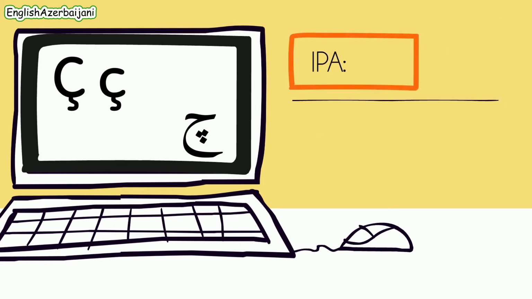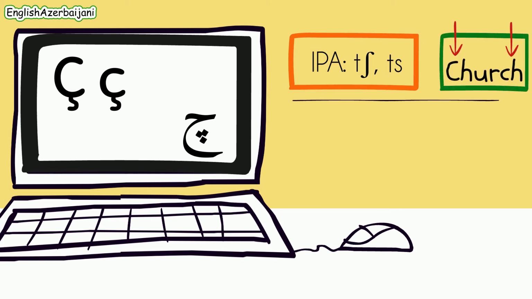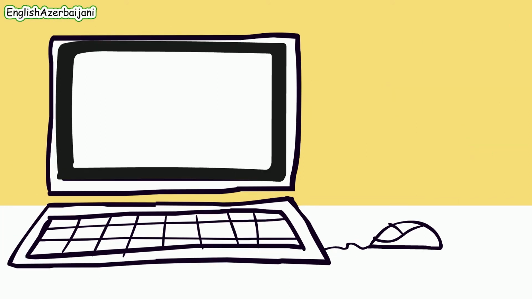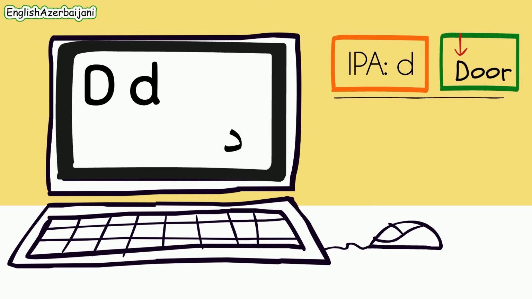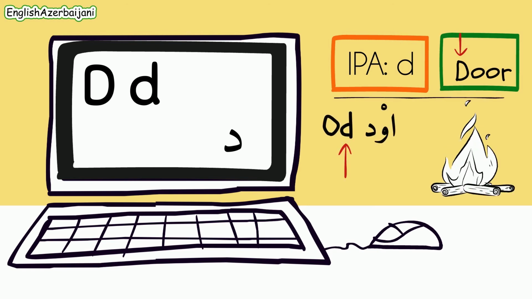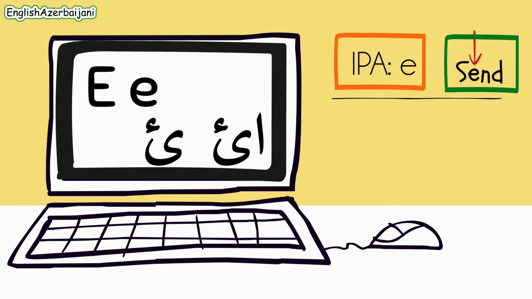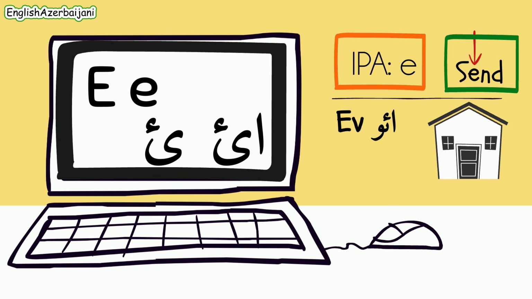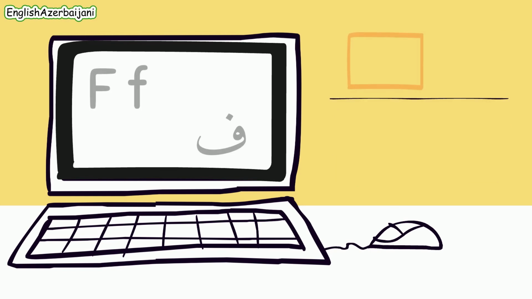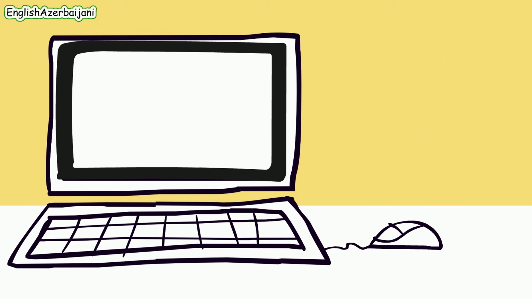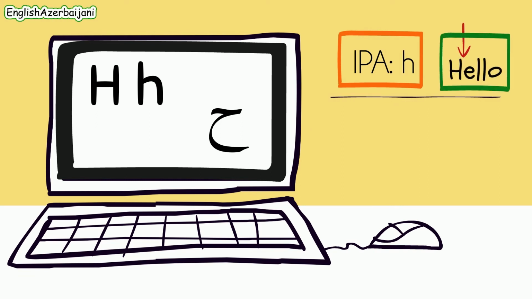Ç or T in some accents, like church, açar or atar, coming from the verb açmak. D as door, ot. E, sand, ev. F as floor, fırça. H, hello, sahar.